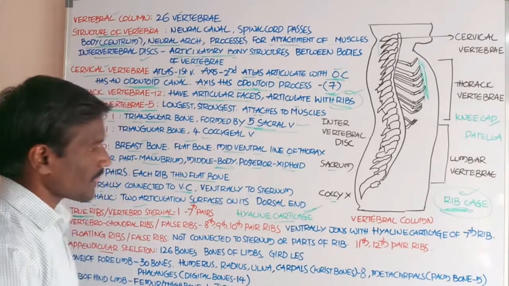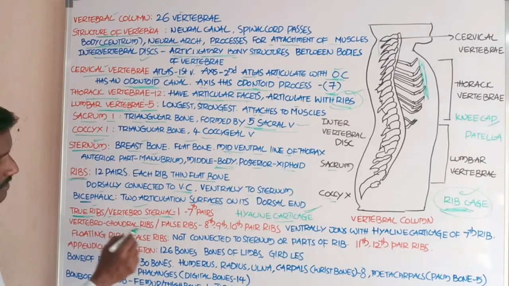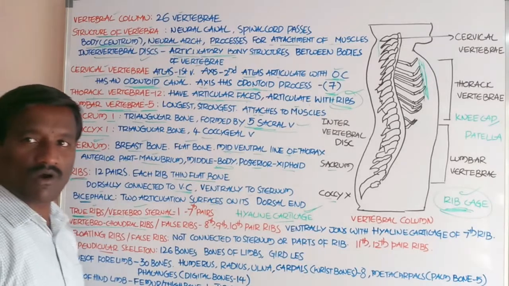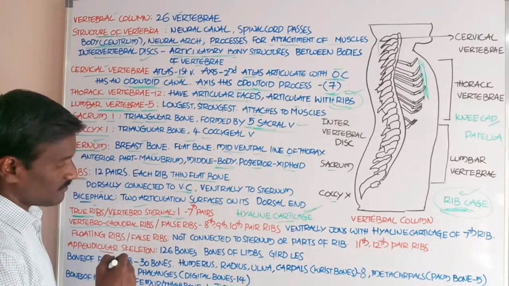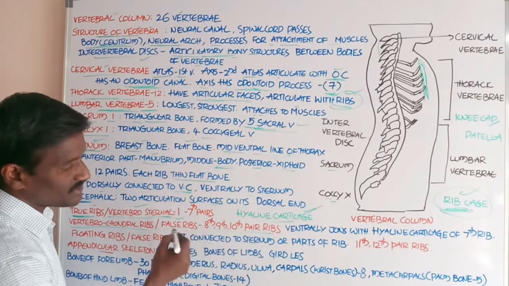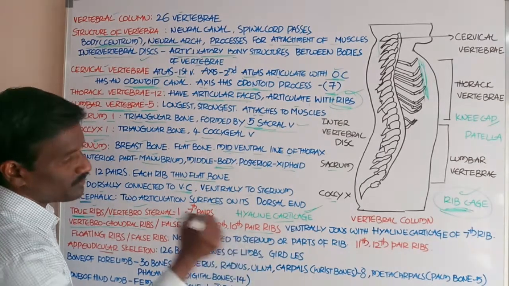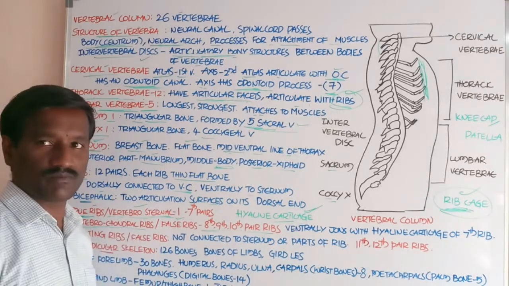Okay, student, the second one is vertebrochondral ribs, which are also called false ribs. The 8th, 9th and 10th pair of ribs are called vertebrochondral ribs.